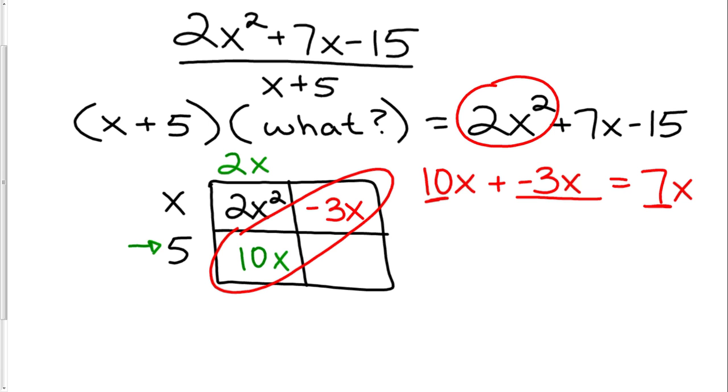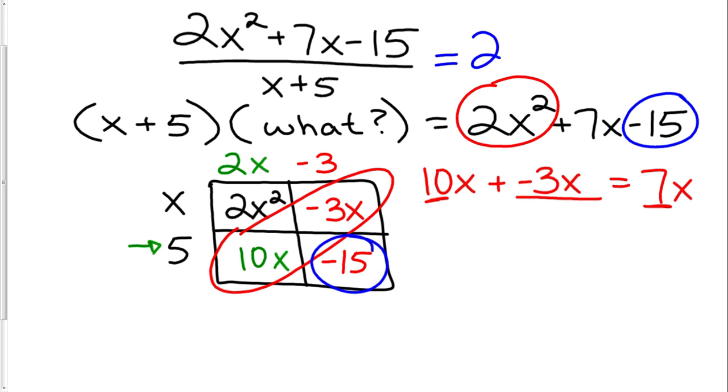And we ask ourselves, x times what gives us negative 3x? Well, negative 3 times x is negative 3x. And then lastly, we multiply the negative 3 and the 5. We get negative 15. We check. Does negative 15 match the last part of our answer? It does. So our answer here is 2x minus 3.